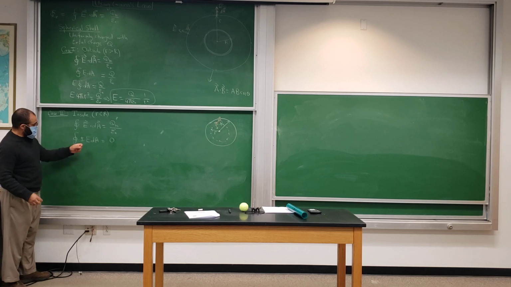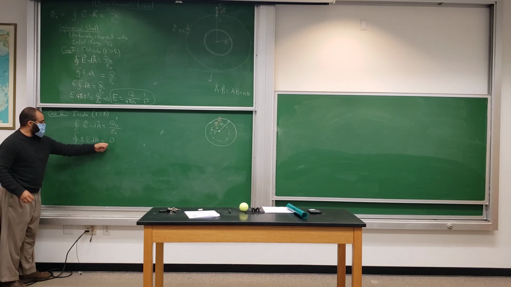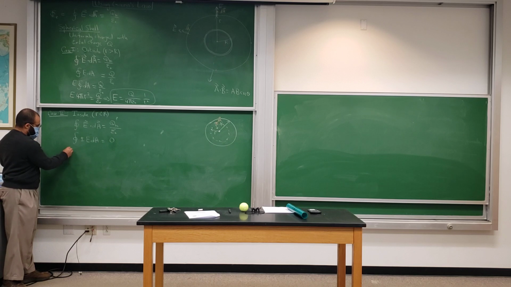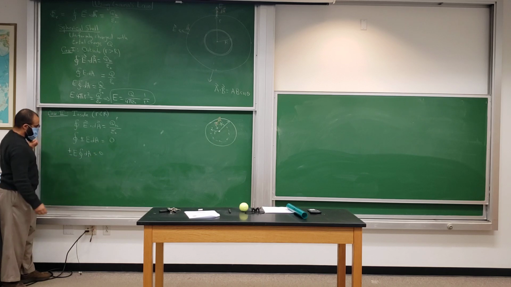Next, you might say already the electric field is equal to 0 because of this. Not true. The right-hand side being 0 doesn't mean what's inside the integral has to be 0. The integral is 0, so we have to argue further. Since the electric field has a constant value, it can come out of the integral. So I would have plus or minus E times the integral of dA equals 0.